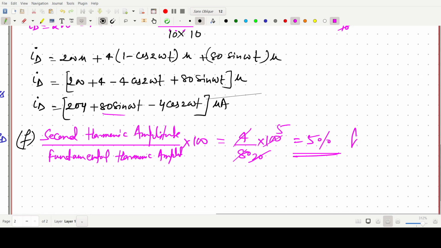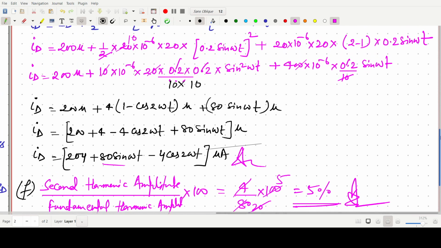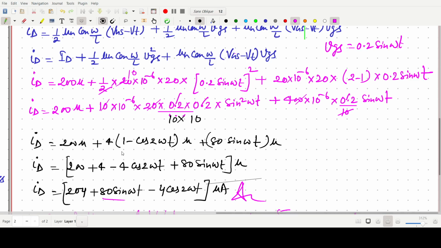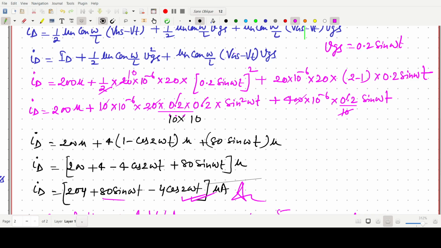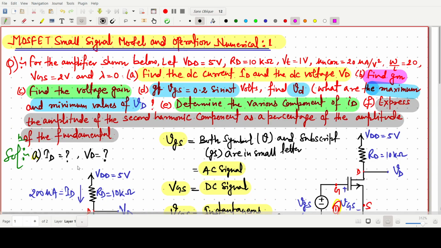Okay, so this is all about this question. There may be some mistake in this calculation, but you have to be very careful, it will come like this. We have found the DC value of the drain voltage and current ID.